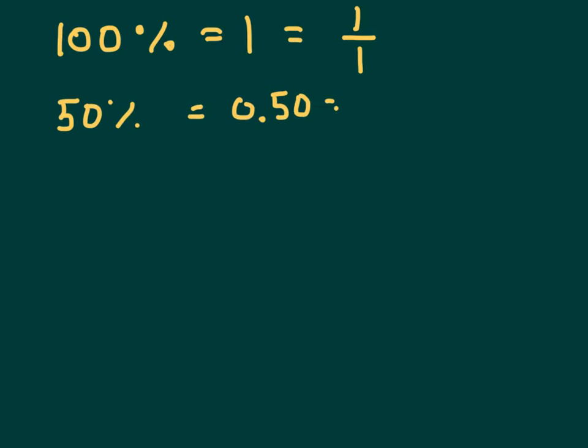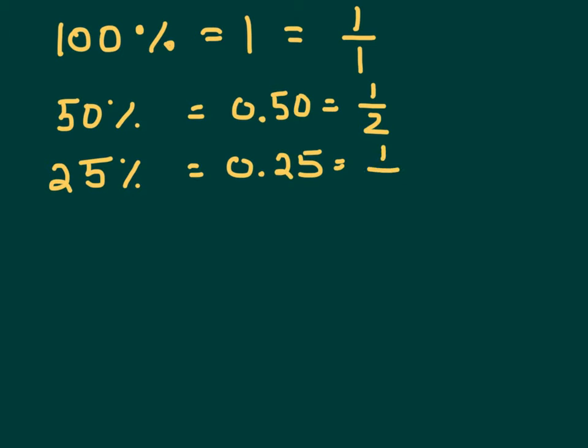100% as a decimal equals what? As a fraction? Right? 50% as a decimal? As a fraction. 25% as a decimal. And as a fraction, we already said it's a quarter.